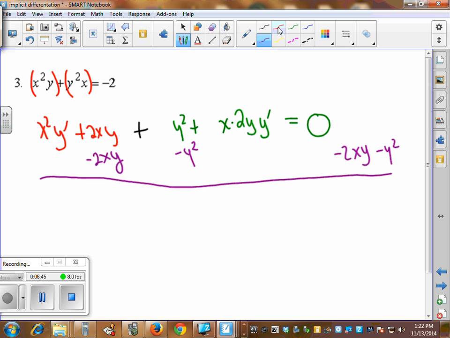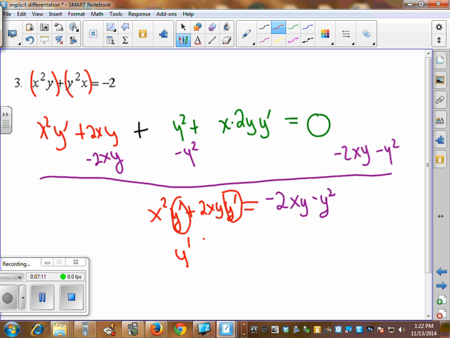That is going to leave us with x squared y' plus, if we change the order here, 2xy y' equal to negative 2xy minus y squared. We have y' in common. x squared plus 2xy.